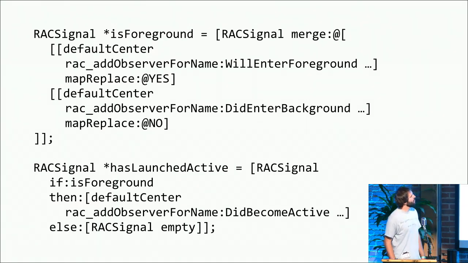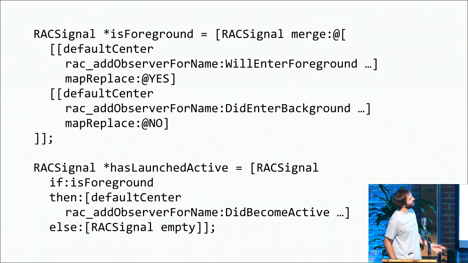Here, what we're going to accomplish is a signal that tells us when we've fully relaunched. When you launch, you will enter foreground, but that's not saying you did enter foreground, that's saying will enter foreground. After that, there's did become active. So what we want is a signal that tells us when we've gone from foreground to active.